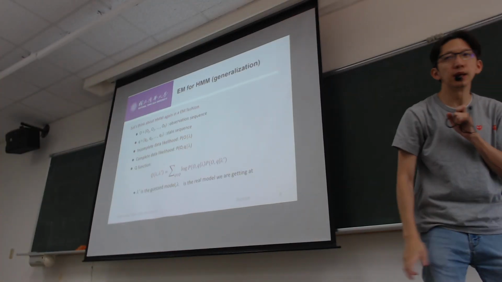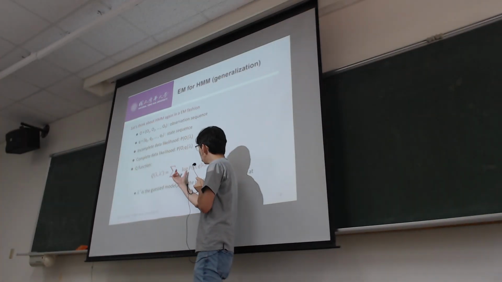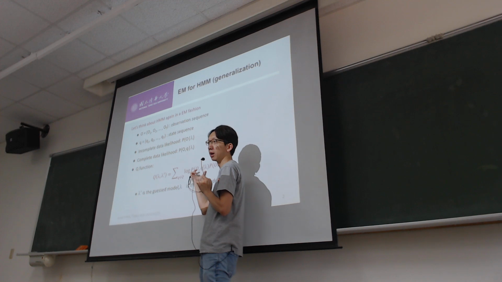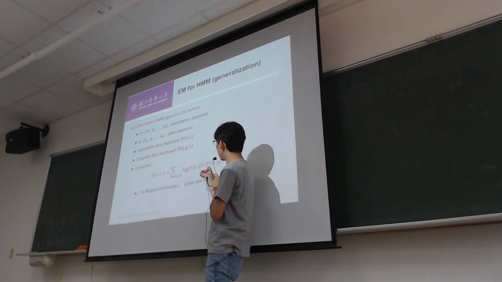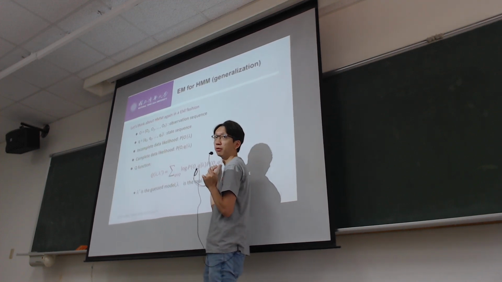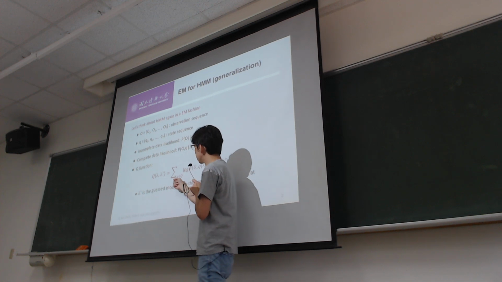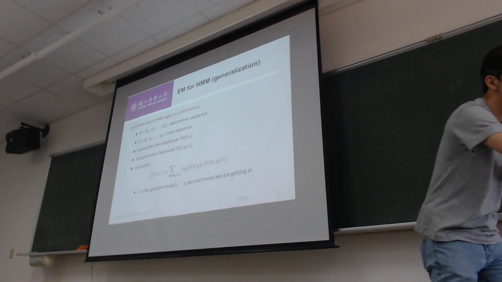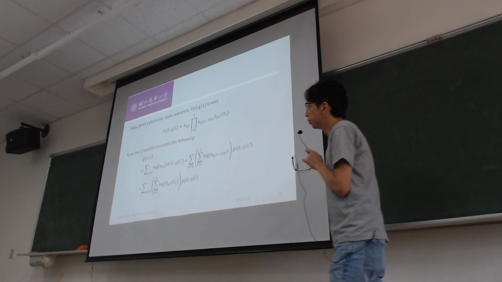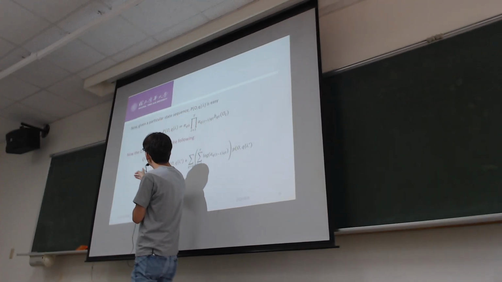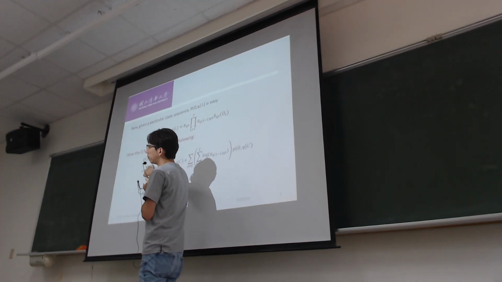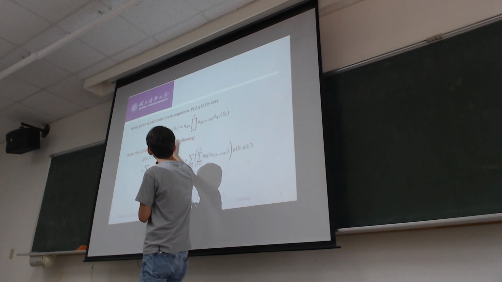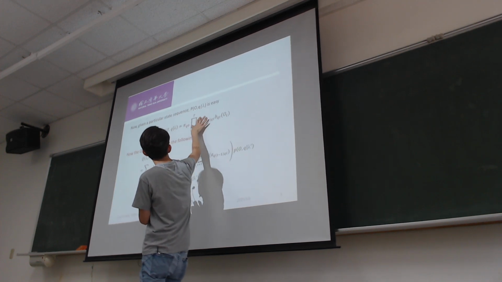Remember, the Q function is a log on this complete data likelihood function multiplied by the probability under lambda prime for a particular guess model, summed over all possible Q sequences. So when we write this Q of lambda and lambda prime, sum over all possible Q, and then plug this back in, these are the true parameters.